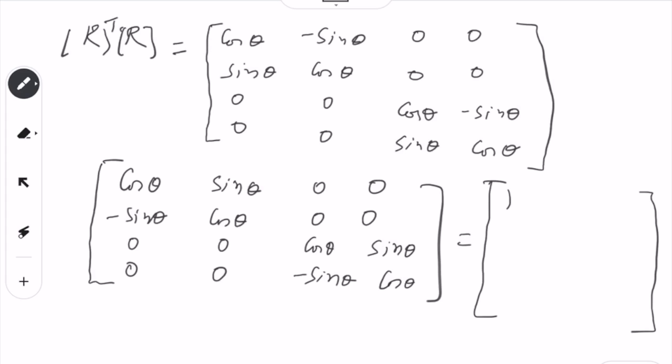Next, this and this: cos theta sin theta minus sin theta cos theta plus 0, which is equal to 0. Similarly, multiplying this: cos theta multiplied by 0, sin theta multiplied by 0, 0 multiplied by cos theta, sin theta multiplied by 0. So hence we will have 0 value again.